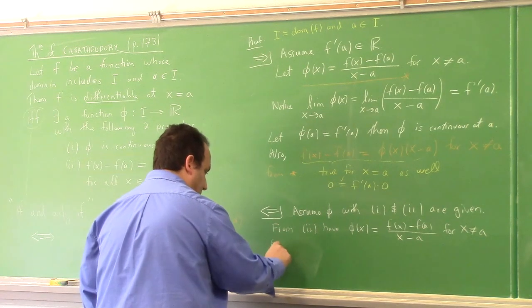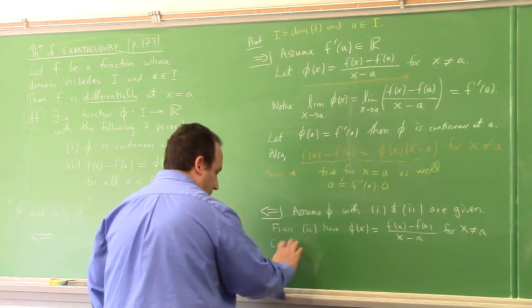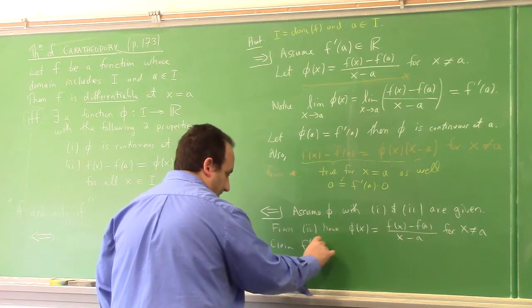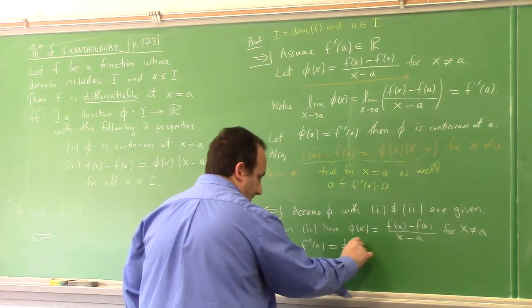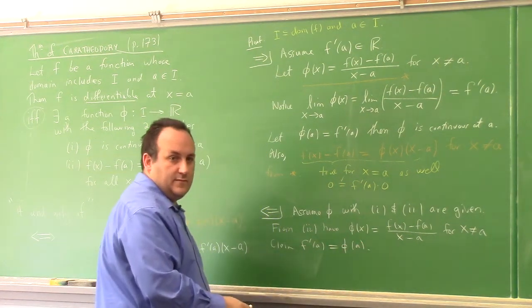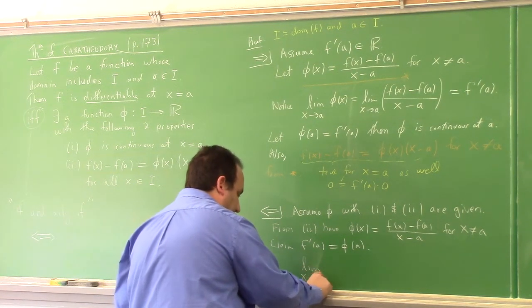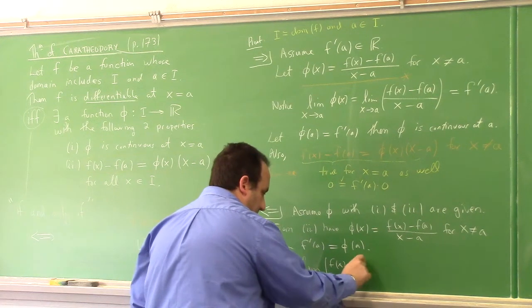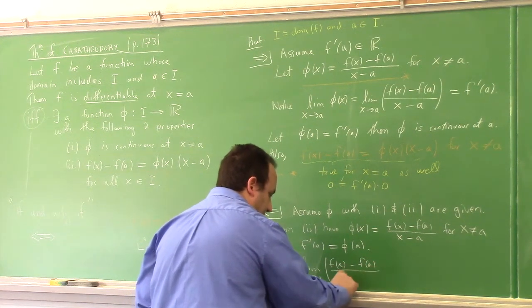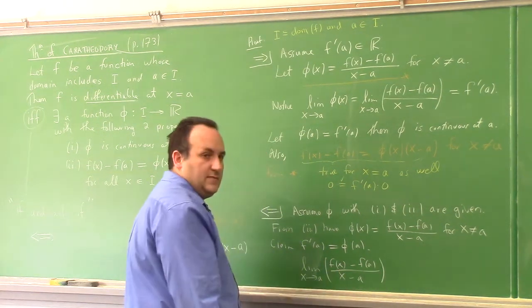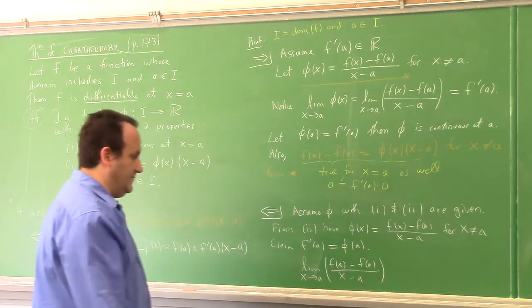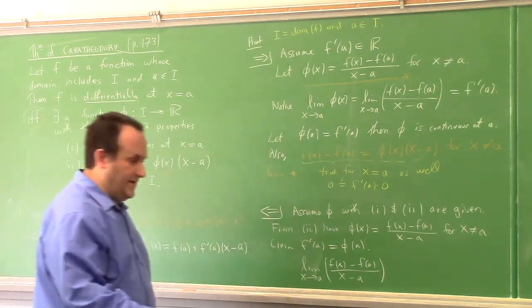So we're going to claim that f prime of a is equal to phi of a. So the limit as x goes to a of f of x minus f of a over x minus a is equal to what? Well, it's equal to the limit as x goes to a of phi of x, right?